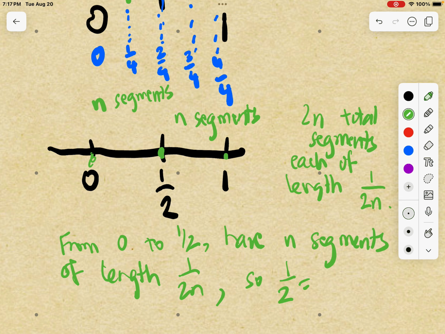So 1/2 is equal to n over 2n, because n over 2n is just n segments of length 1 over 2n.